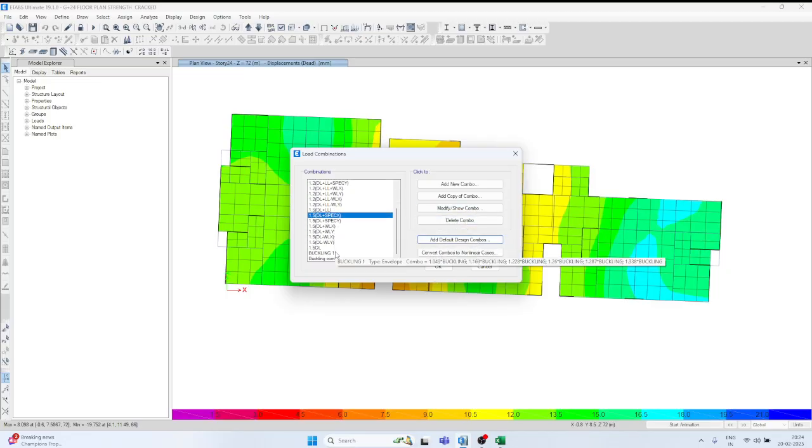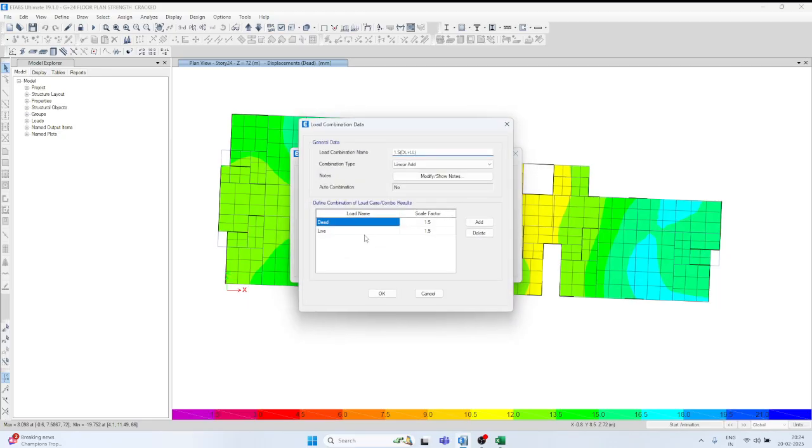Suppose it is not provided. When you perform the design, go to Load Combinations, and instead of dead load and live load, you have to add 1.5 times buckling. Click here and go to Modify.